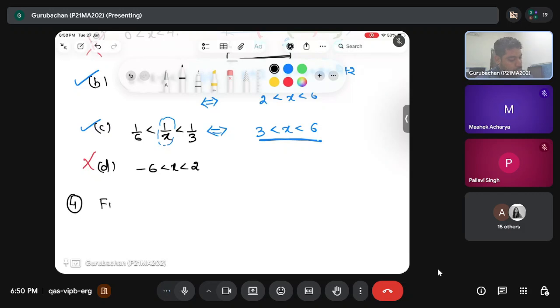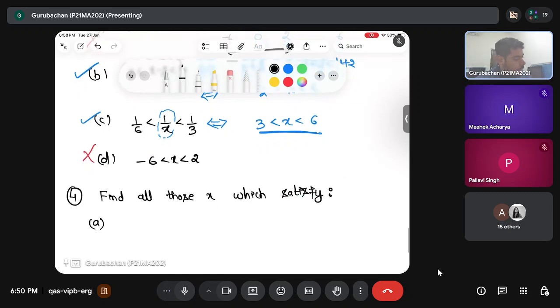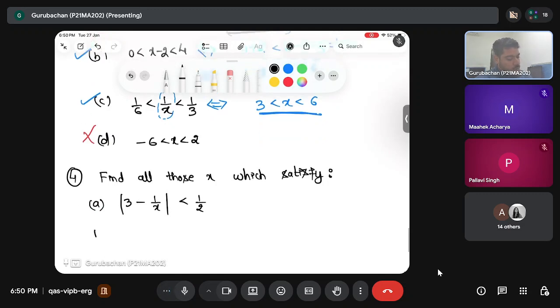Find all those x which satisfy: the a part is mod of 3 minus 1 by x is less than half, and the b part is 3 by 5 minus 1 greater than 2 by 5.